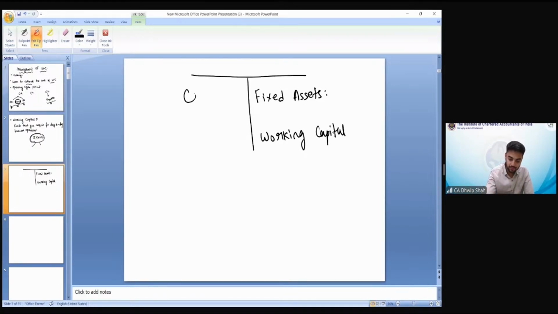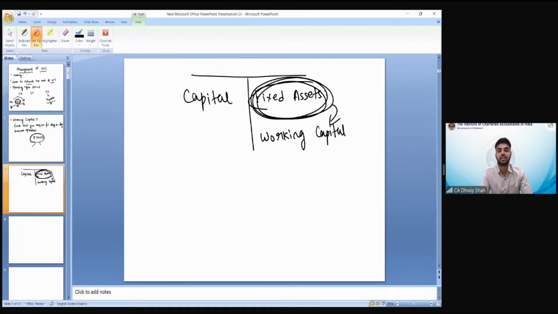Are you following? सिर्फ बिजनेस में फिक्स्ड असेट में इन्वेस्ट करने से your business will not start. You need additional funds for smooth running of these fixed assets. And that additional funds for smooth running of fixed assets is called working capital. Did you understand the meaning?